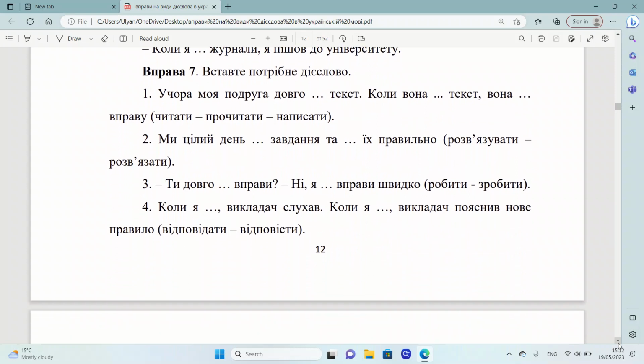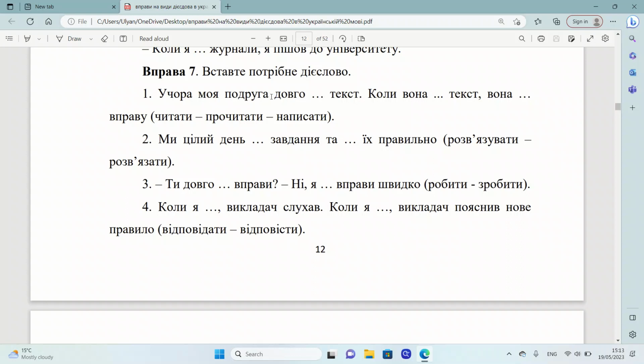So here we have a whole exercise to practice different verbs in perfective and imperfective forms. So we have the possibility читати, to read, прочитати, to finish reading, and написати, to finish writing. So let's have a look. Учора моя подруга довго text.